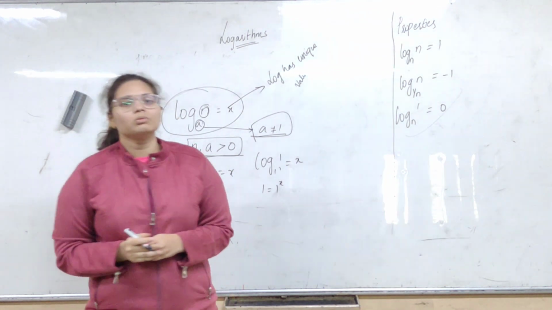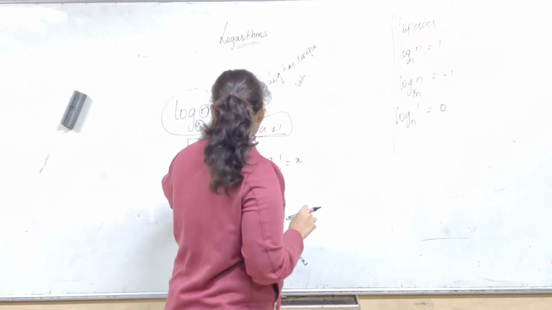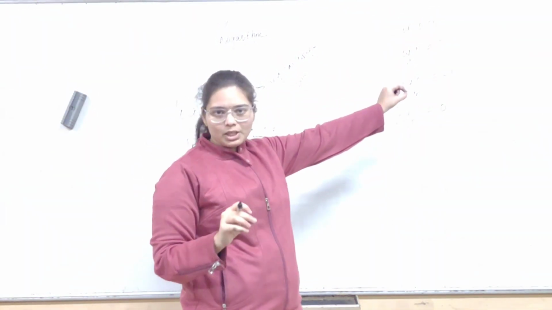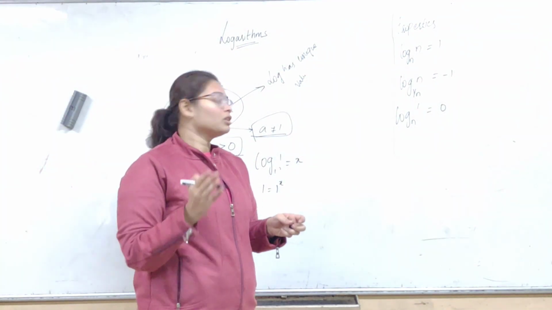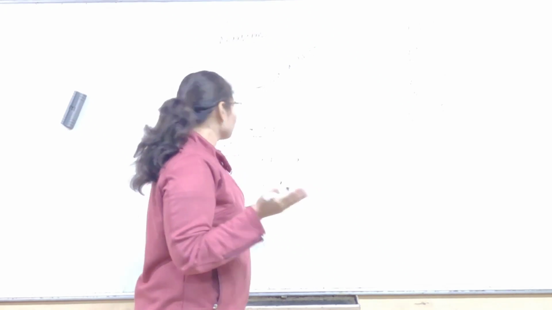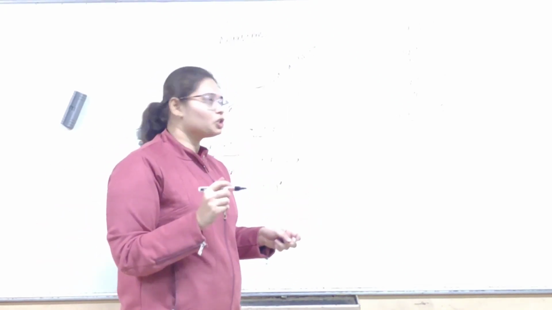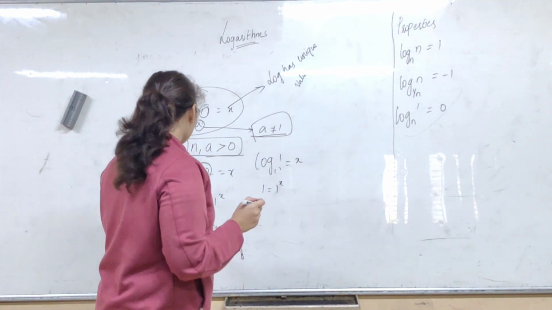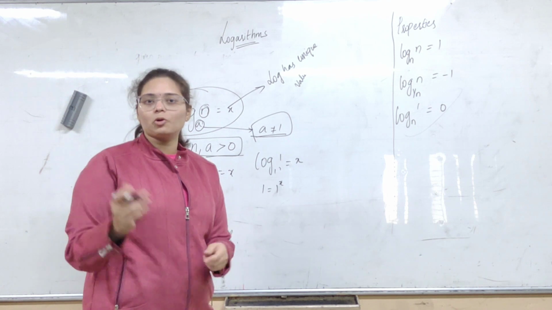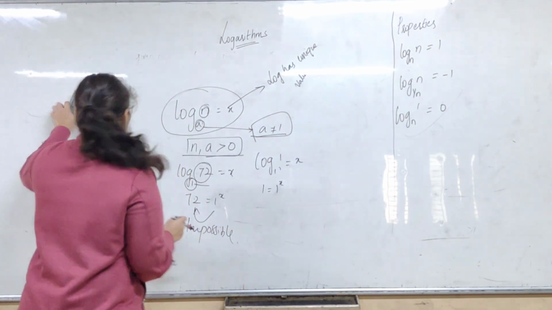Right? So we have done with some basic properties and some conditions where logarithm will or will not exist. The conditions which we should satisfy before performing the logarithmic function. And now let's go to further properties. Right?